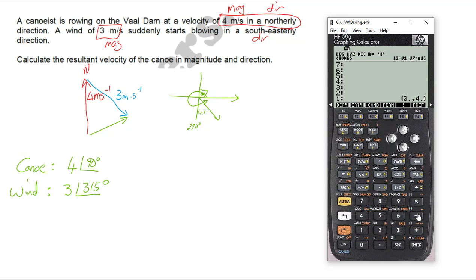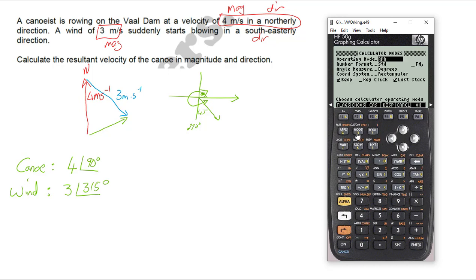And the second vector is 3 at an angle of 315 degrees. Okay, now we just add them. And there we have our answer.